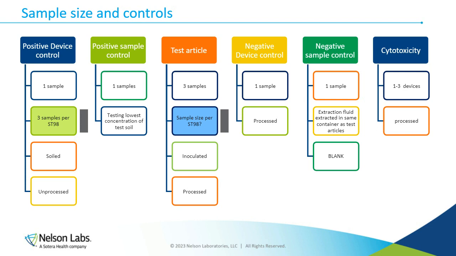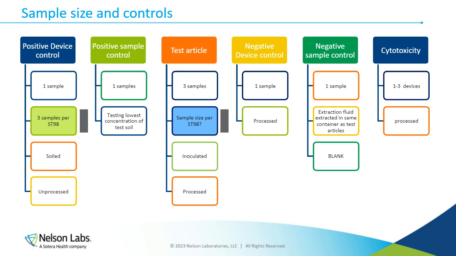Test articles are devices that are inoculated and processed. So these are subjected to what you think would be appropriate for your product type, depending on criticality and complexity of the product. Negative device control is just processed, right? So it's processed to see if there's any residuals that will impact the chemical test that we do for these devices.